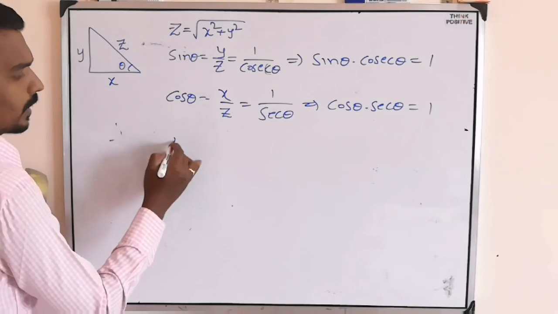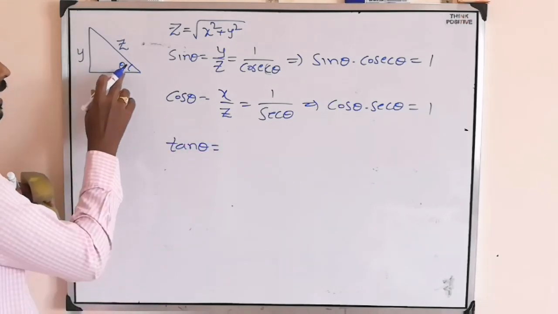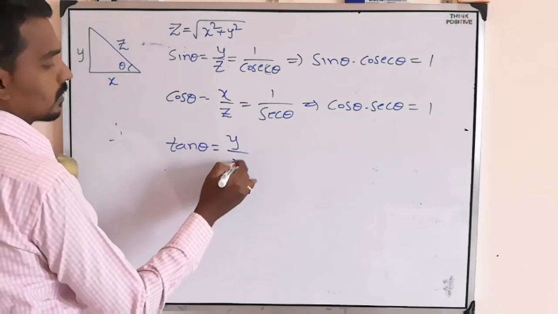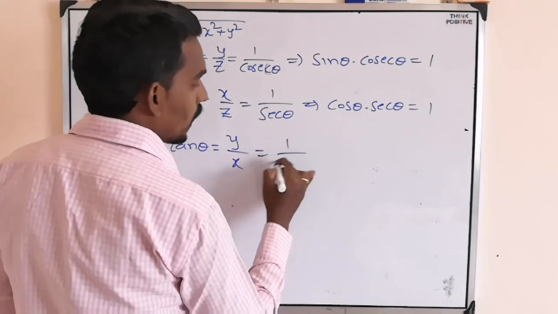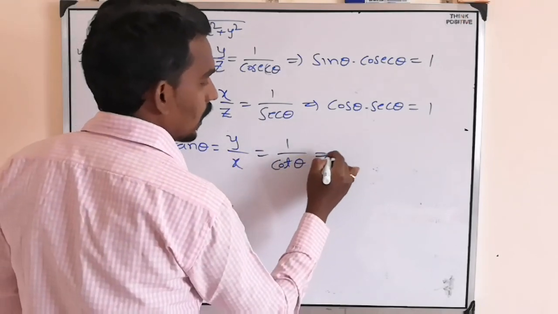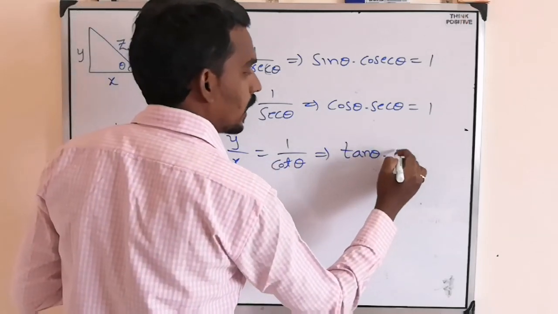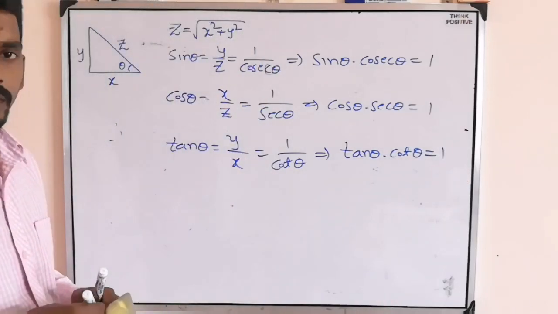And the last one, tan theta is y by x, opposite by adjacent, equal to 1 by cot theta, which implies tan theta into cot theta equal to 1.